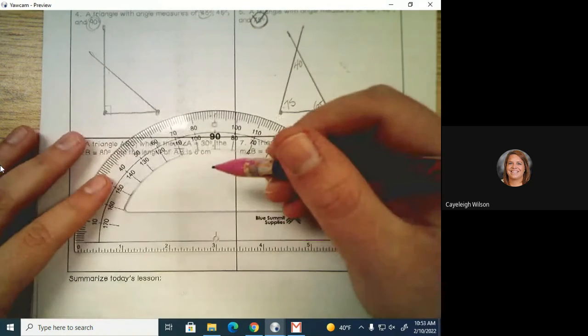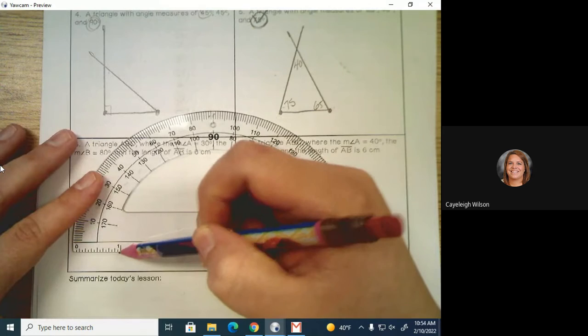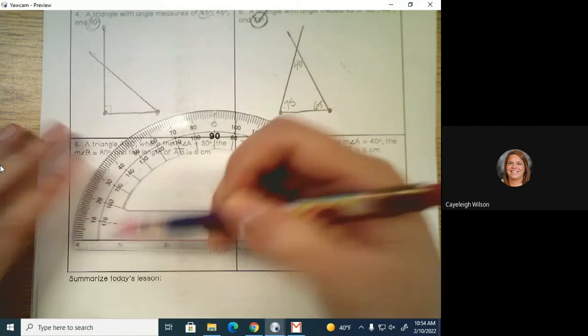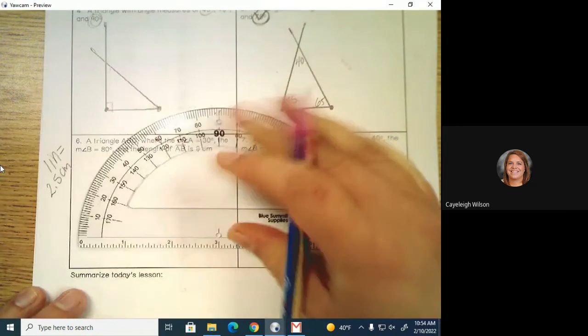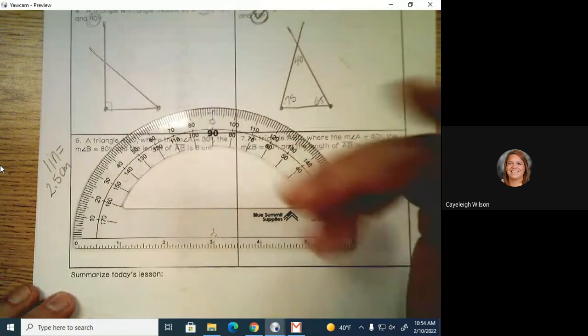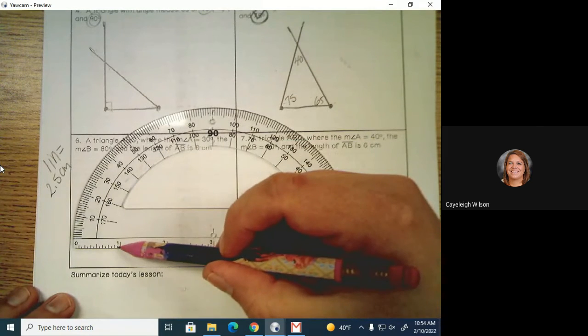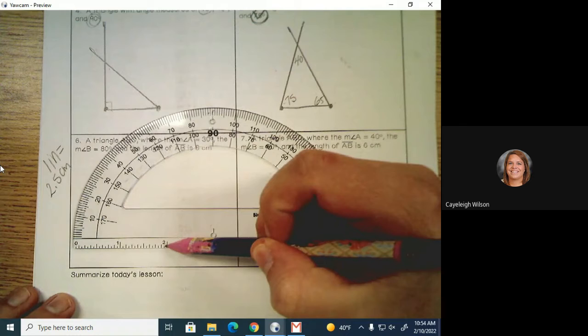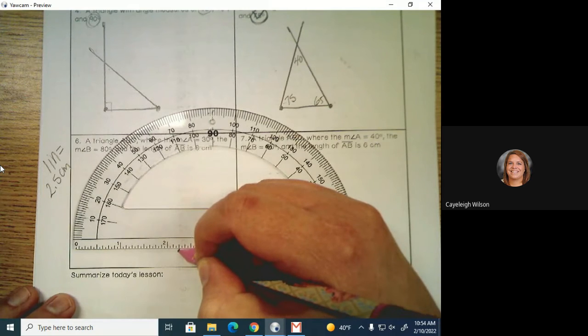So 2 inches would be 5 centimeters, and 6 centimeters would be just a little bit more. So that would be like 6 centimeters right there.